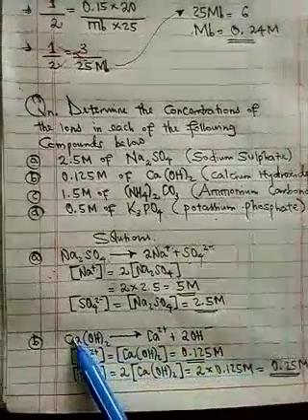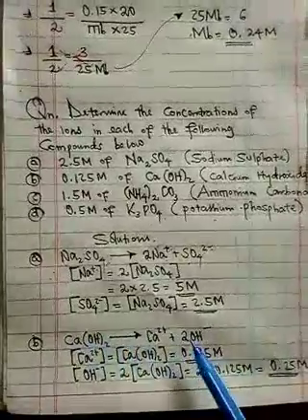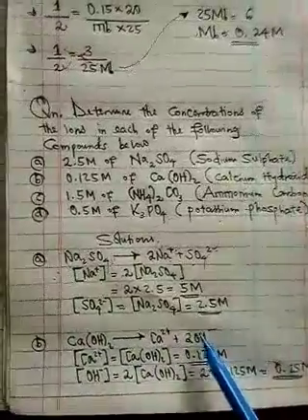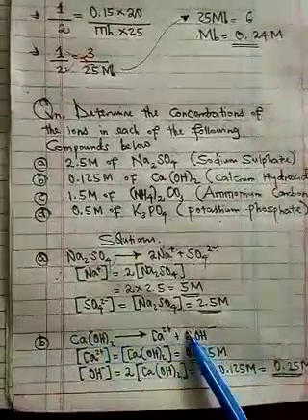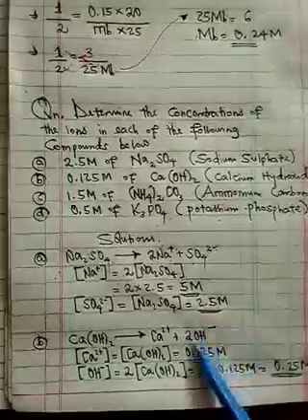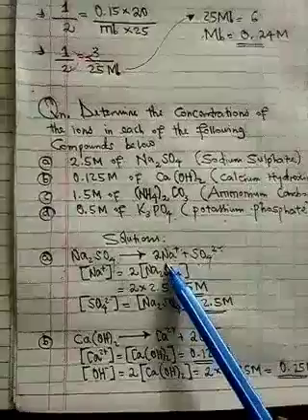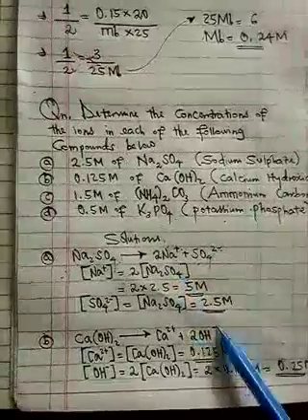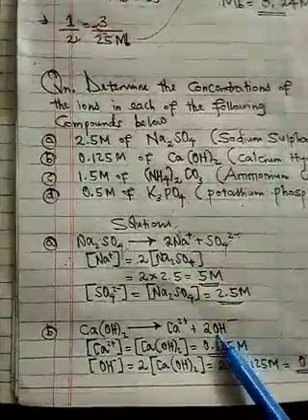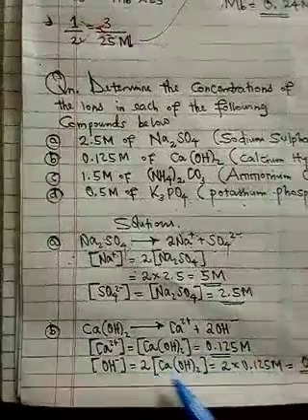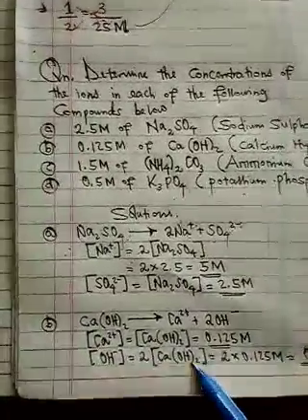The mole ratio between calcium hydroxide and the hydroxide ions here is 1-to-2. The hydroxide has a stoichiometric coefficient of 2. So like I explained here, the concentration or molarity of the hydroxide ions is 2 times the concentration of the calcium hydroxide.